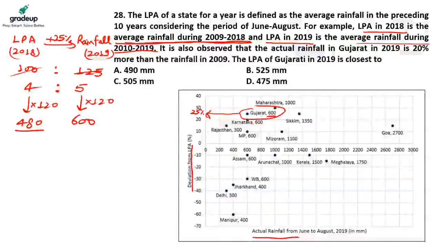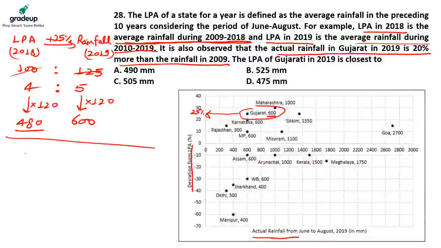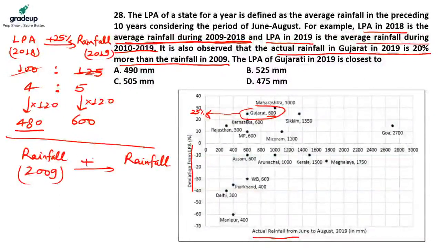Now the other thing that I'd like to explain here is the actual rainfall in Gujarat in 2019 is 20% more than the rainfall in 2009. Now here we are talking only about rainfall, okay, not LPA. From 2009 to 2019, the rainfall is 20% more, right?